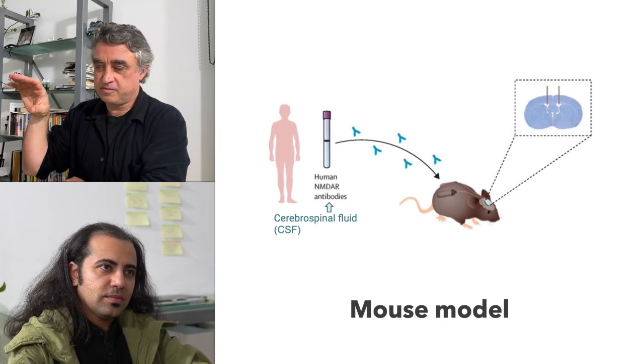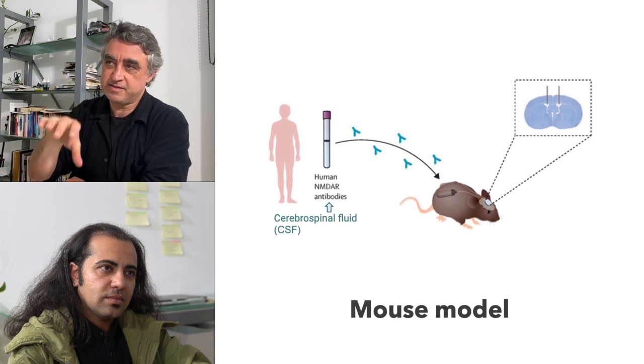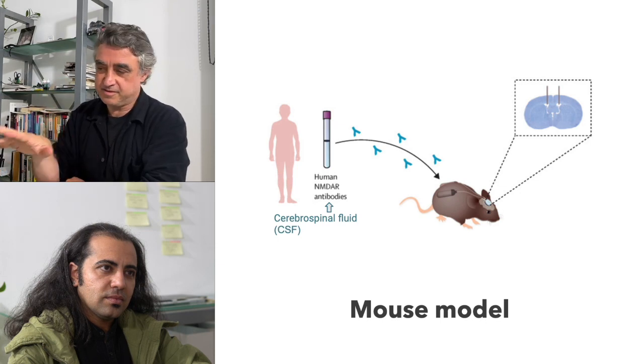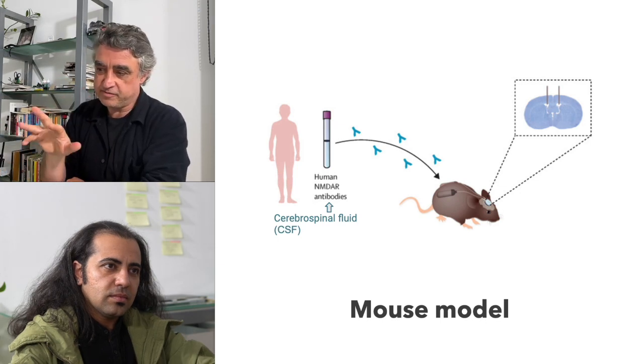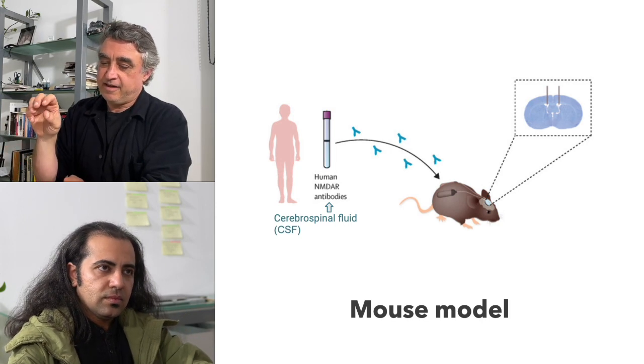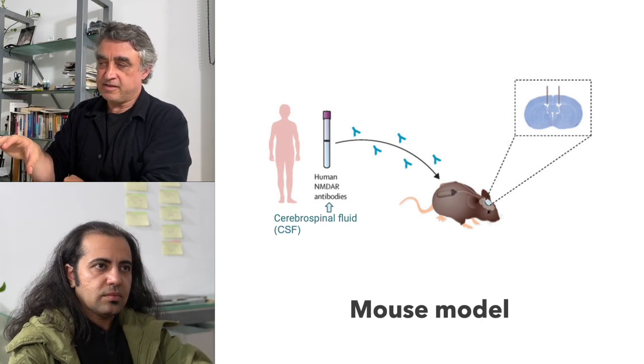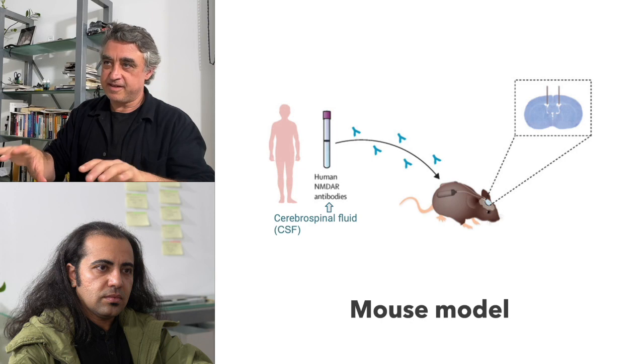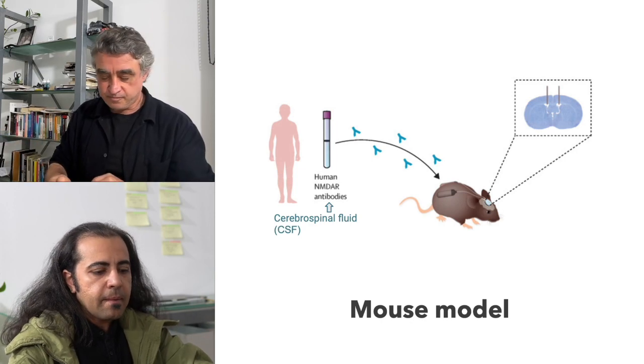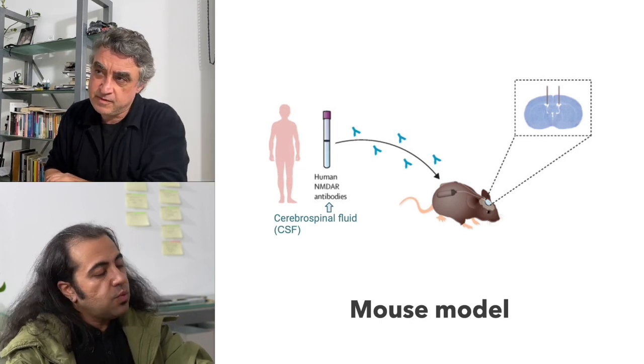Those mice are your control mice, because you need to compare the difference between having the antibodies and not having the antibodies, and everything else has to be exactly the same, right? So you have a control.